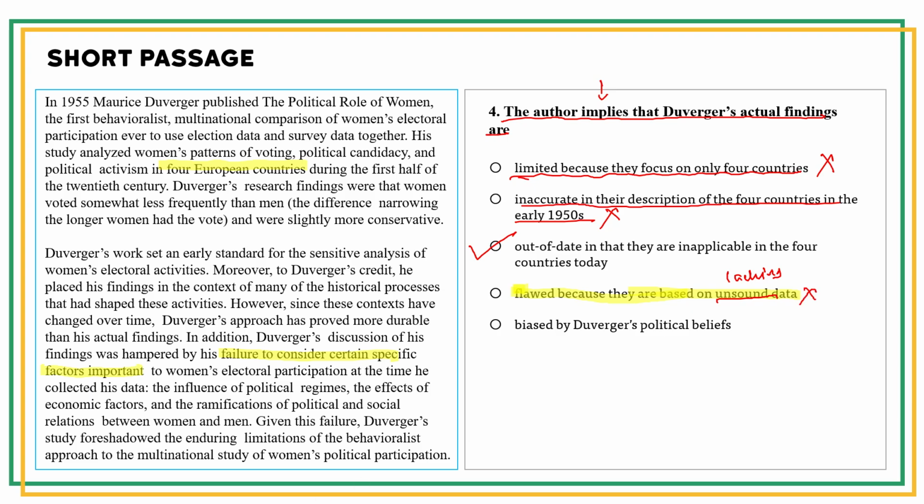Okay, this goes out. Does the passage imply that Duverger was biased? I cannot find a single mention. Comparing C and E, E definitely goes out. There's no mention whatsoever in the whole passage that Duverger's findings were biased because of his political beliefs. So the correct, best option is option C, that his findings are out of date and that they're inapplicable in the four countries today.